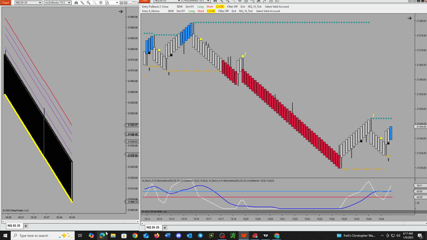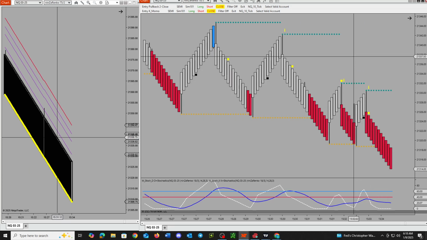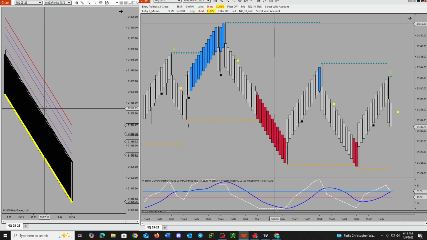Well, we have a perfect example here on the higher time frame. There's three separate concepts that I'm using to get into trades. The first one is the John Wick on the higher time frame. That is this right here.